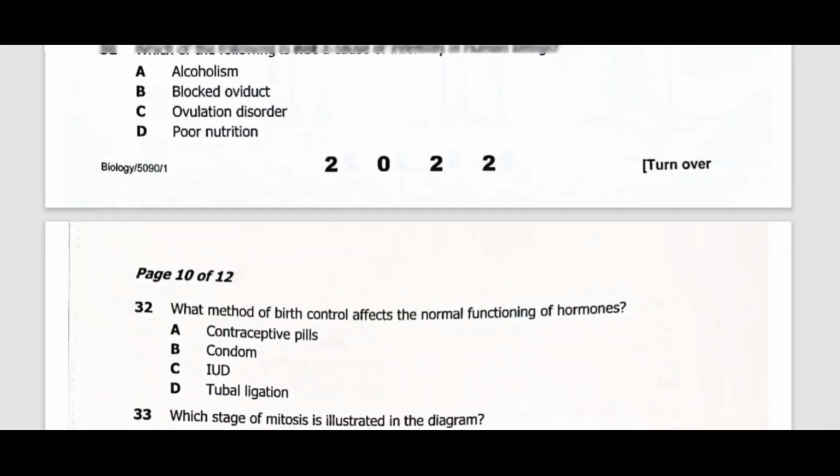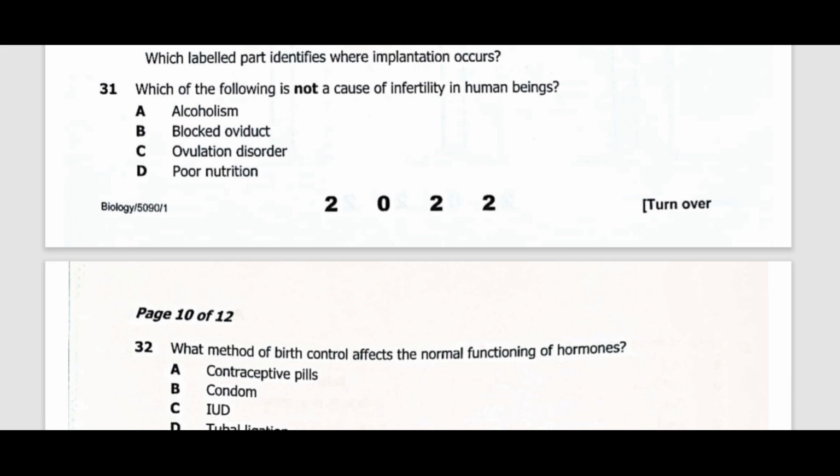Question 31, which of the following is not a cause of infertility in human beings? So alcoholism causes blocked oviduct, it causes ovulation disorder, it causes poor nutrition. This is our answer here.